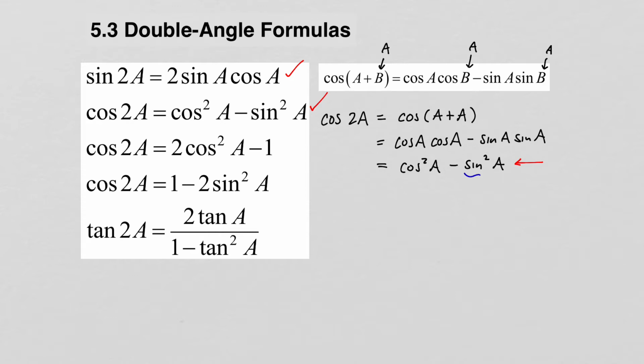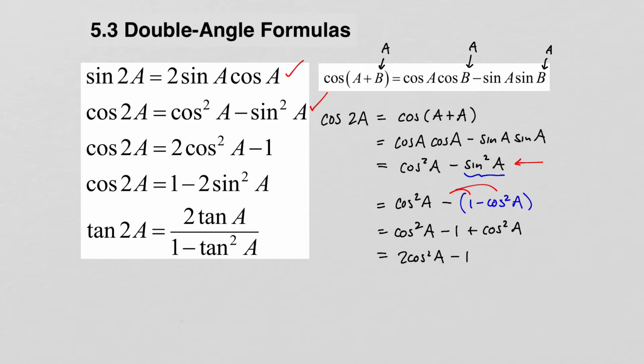And what we're going to do is replace sine squared of A in this expression with 1 minus cosine squared of A. So if we do that, what we have here is cosine squared of A minus, and then sine squared of A can be replaced with 1 minus cosine squared of A. And if we distribute the negative here, we end up getting cosine squared of A minus 1 plus cosine squared of A. And now combining like terms, cosine squared of A plus cosine squared of A is 2 cosine squared of A minus 1. And this proves the next formula.